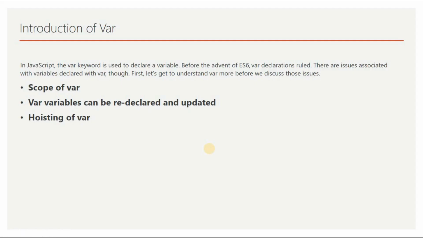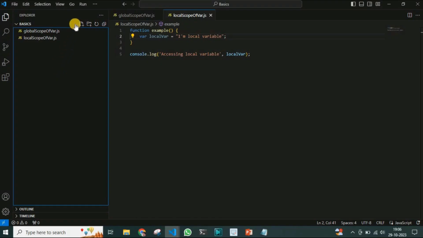Next, we have that var variables can be redeclared and updated. This also we will see by example. So jump into the VS Code again. Let's create a file, redeclare.